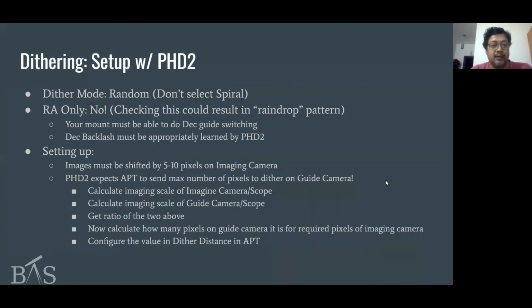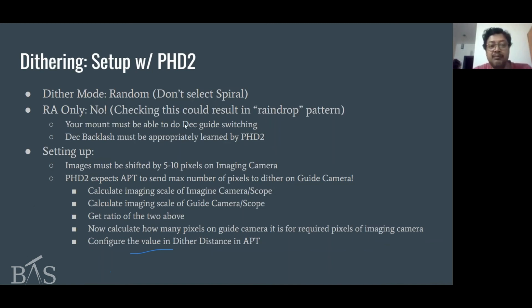In PHD2, there are certain settings that you have to do for dithering. Always choose random. There is also a spiral; on occasion you have to choose spiral. I'll come to that briefly, but typically we want to do random dithering, not spiral dithering. There is also a check for RA only. You should not check this.